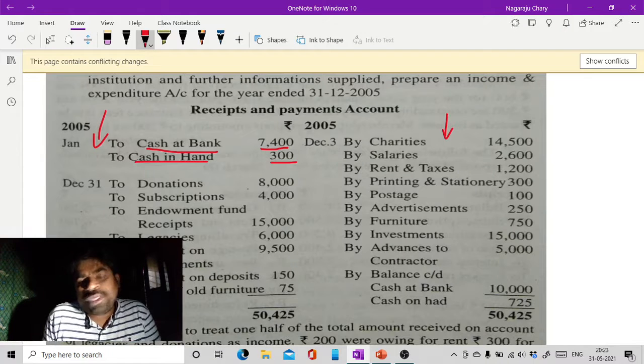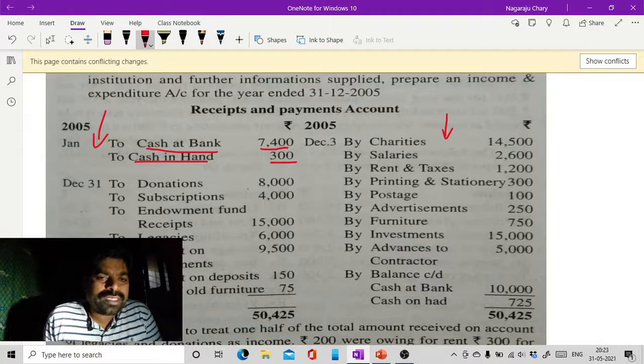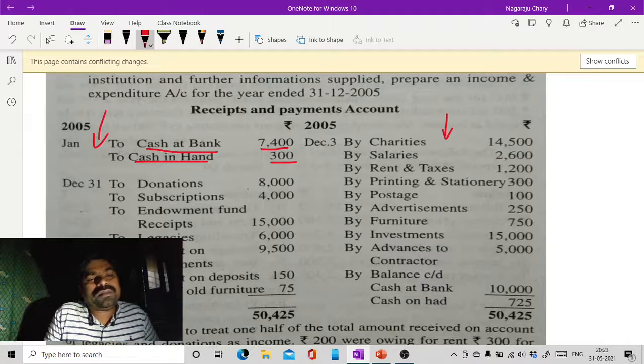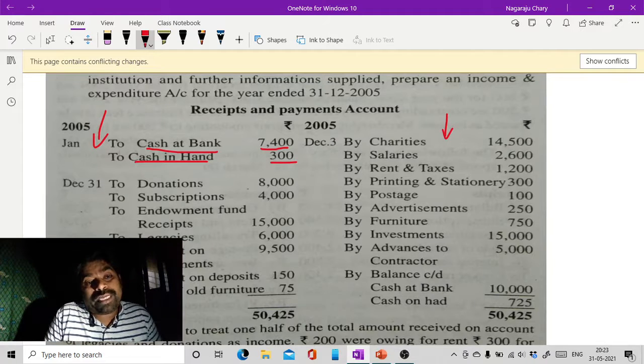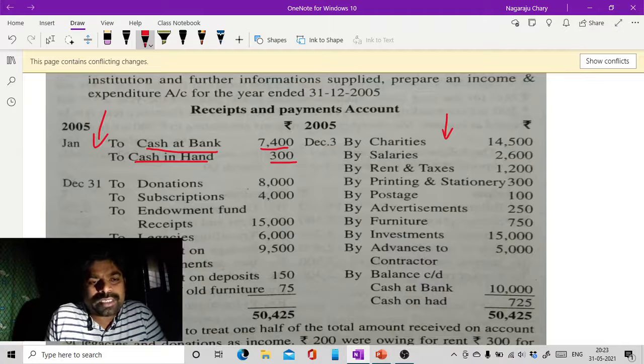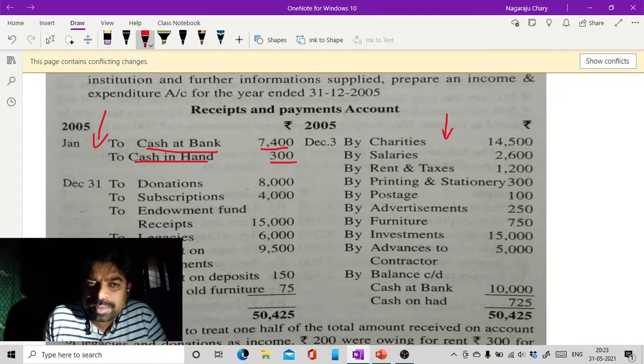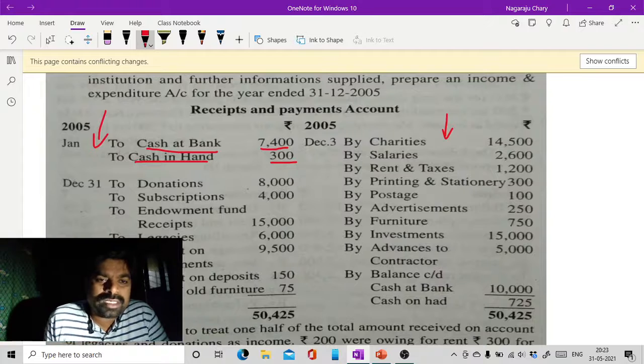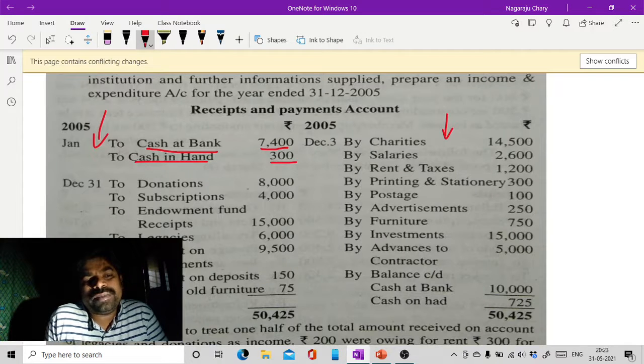We already know the receipts and payments account starts with the opening balance. Remaining during the year, the transactions, especially cash receipts, are to be recorded on the debit side. Donations received from non-members, that is 8,000 received, and the subscriptions received from members.